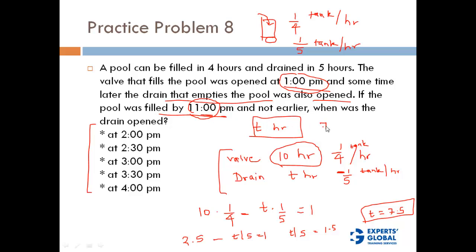The drain was open for 7.5 hours. So when was it opened? It was opened 7.5 hours before 11 p.m., so 11 p.m. minus 7.5 hours. That is going to be 3:30 p.m.